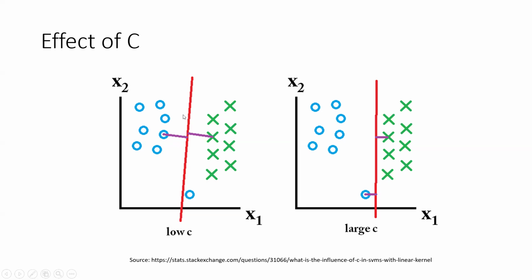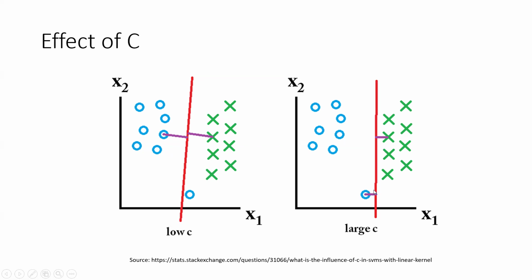But this may be much more reliable with unseen data, so this can be less in variance, right? But when it comes to larger C values, there can be a very lesser amount of misclassifications. But on the downside, we will have a smaller or narrower decision boundary difference, right?